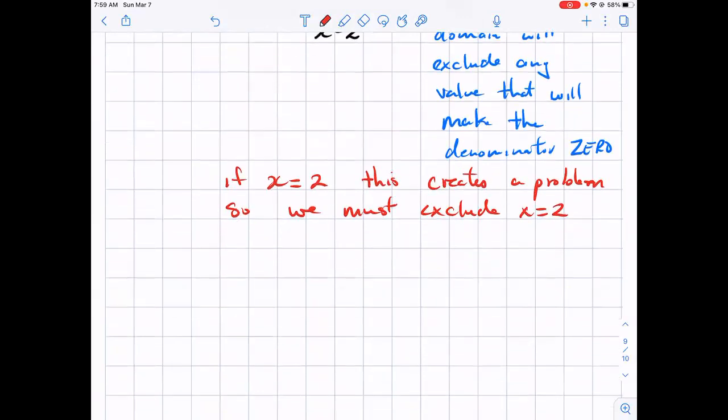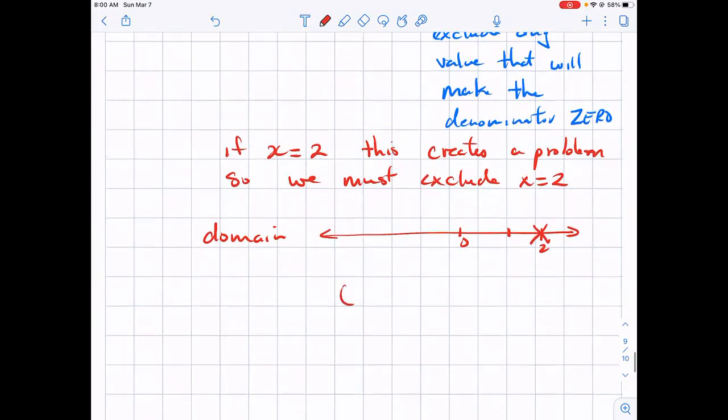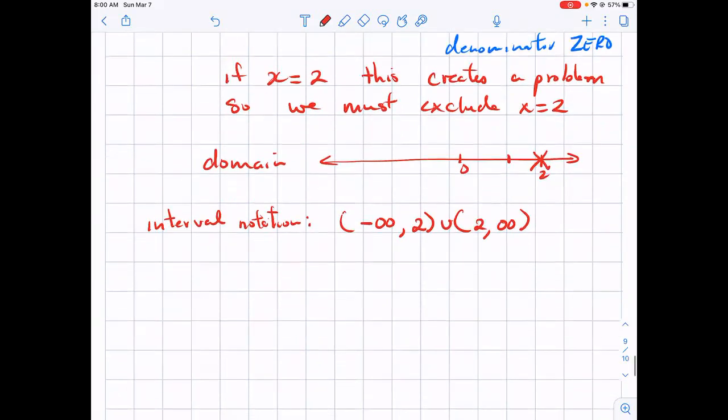So the domain here would be every single thing on the number line except 2. This leaves me with minus infinity to 2 union with 2 to infinity. This is the interval notation.